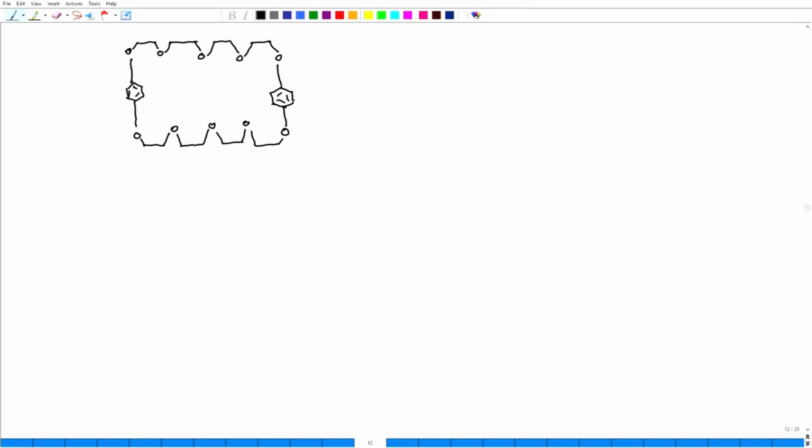Now, we take another unit, let me draw. That unit looks like this. All these things you have seen already, right?